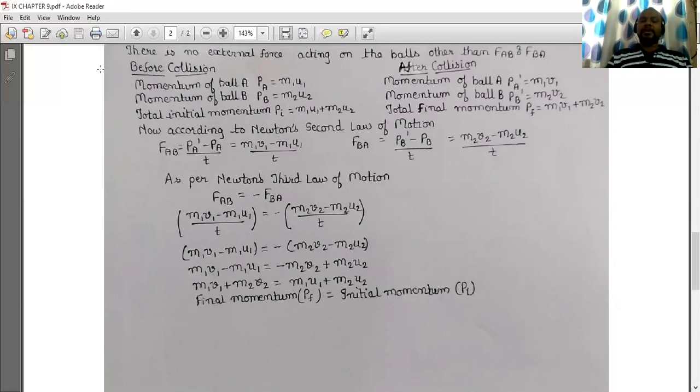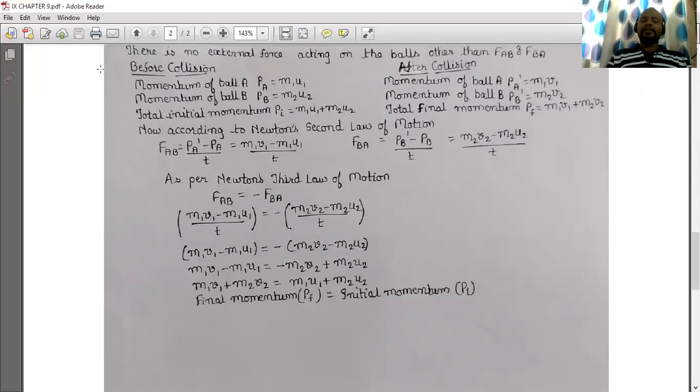Substituting the magnitudes, m1v1 minus m1u1 upon t is equal to minus, in bracket, m2v2 minus m2u2 upon t. Taking out 1 by t common on both sides, the bracket remains the same. m1v1 minus m1u1 is equal to minus sign in bracket m2v2 minus m2u2. Opening the brackets, the LHS remains the same, m1v1 minus m1u1, but minus into plus minus gives m2v2, and minus into minus becomes positive m2u2.